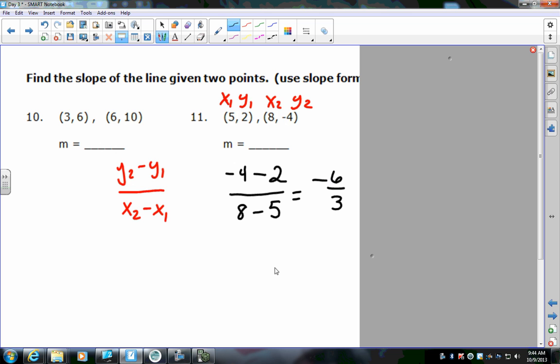What's -6 divided by 3? -2. My slope is -2. Okay, so all you're doing is plugging it into the formula. You put the answer right here, like I did right there, yes.